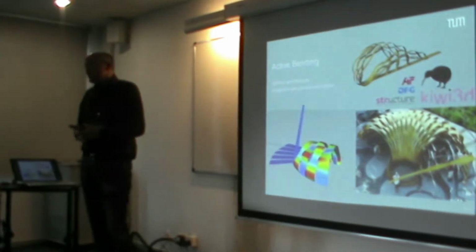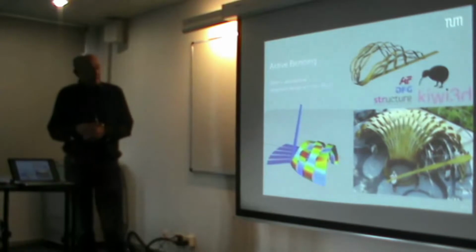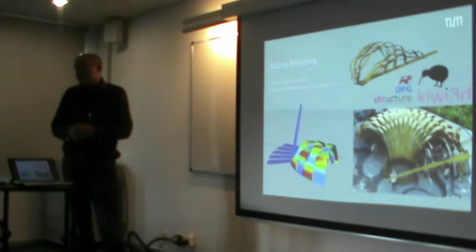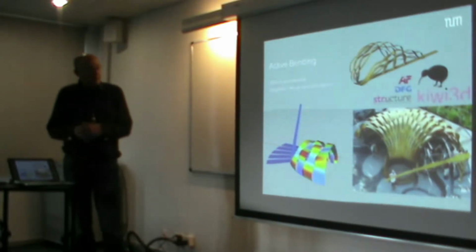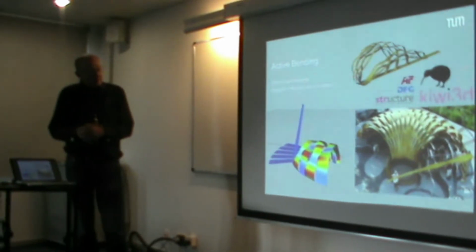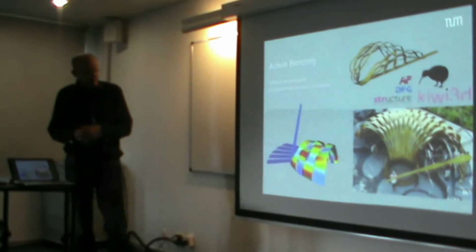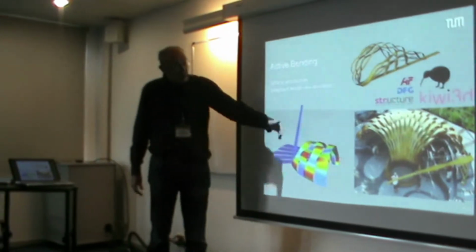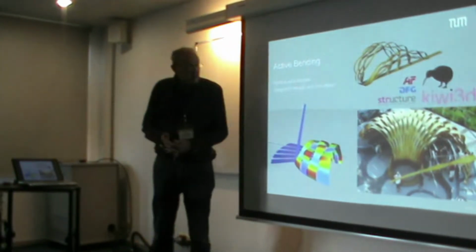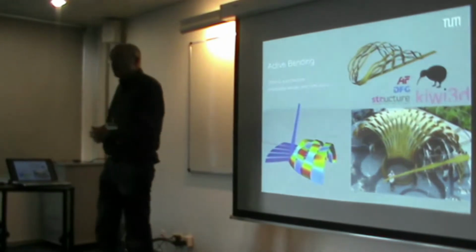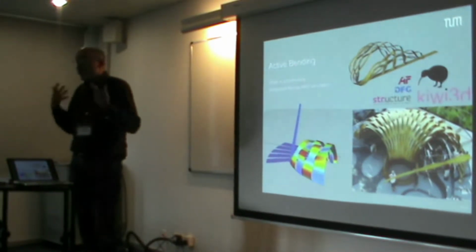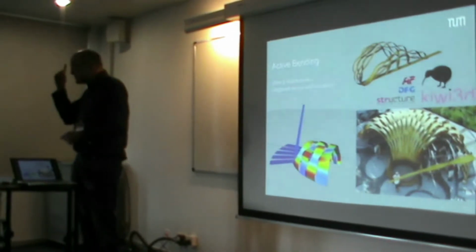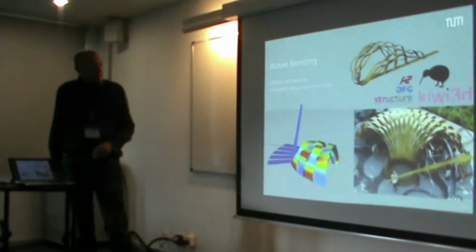Other applications which we have been working on actively at the chair: I just mention Kiwi 3D, a plugin for Rhino 3D, which will be launched in the next weeks, intended for use in architecture, with large scale and in particular large deformation analysis of any kind of pieces like this, of wood or textiles, for the intuitive and interactive generation of crazy shapes and crazy structures used in architecture.